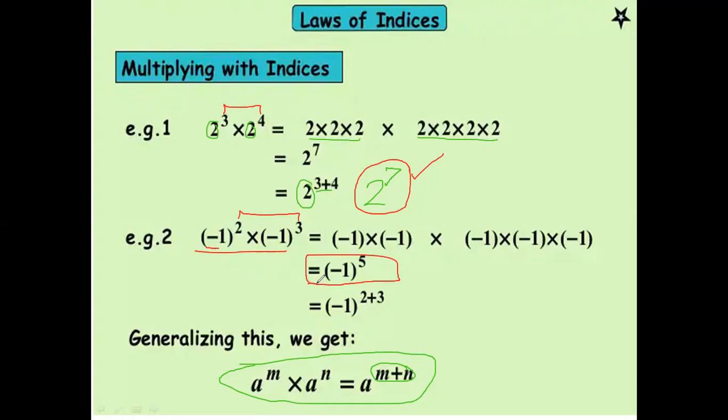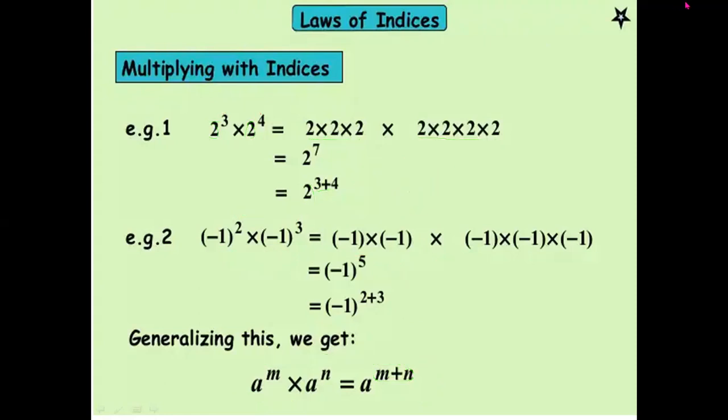Okay, so that is the first law of indices. When you multiply the same base, keep the base and add the index or the powers. Please understand that one and do not forget that one.